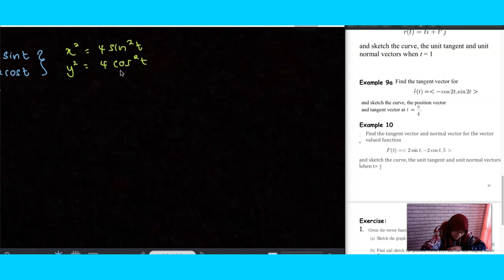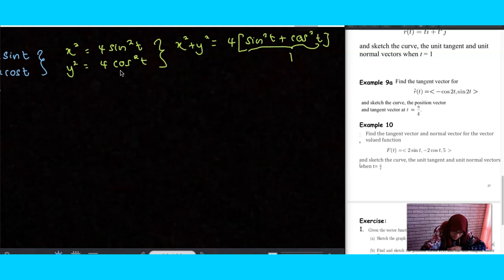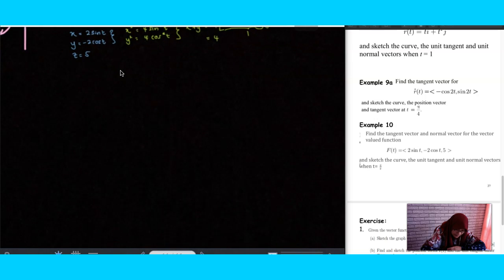And then when you total them up, x squared plus y squared, you will get 4 of sine square t plus cos square t. So this is equal to 1. Then you will get 4. So you have a circle with radius 2, center at the origin.